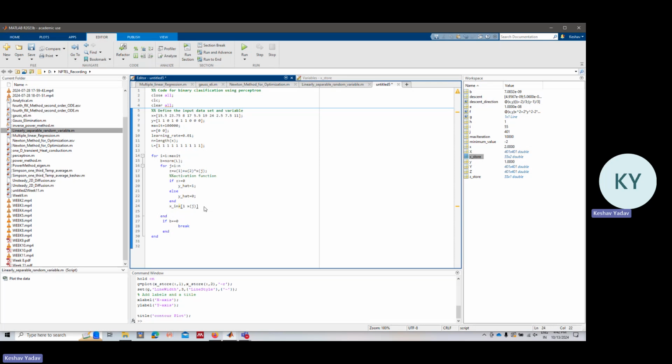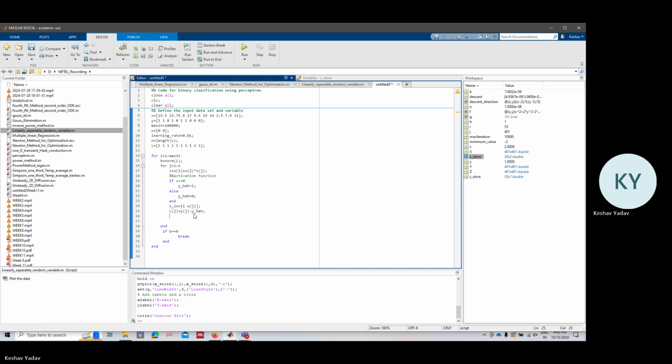This is my x in. Now once the x in is defined, I will define the loss function. L of j will be Y of j minus y hat.